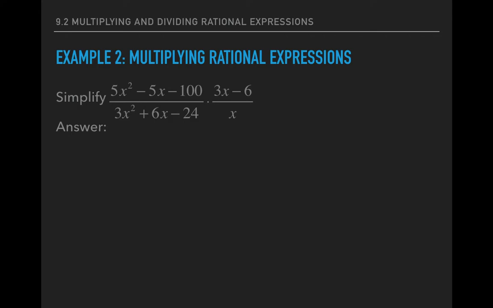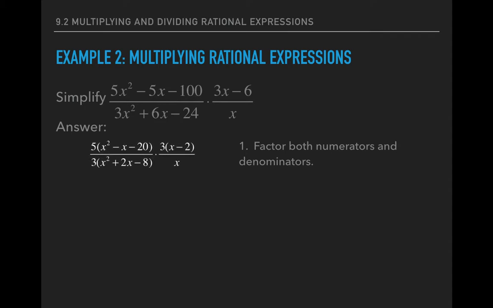Here we are multiplying polynomials. You have a quadratic polynomial divided by a quadratic polynomial times a binomial over a monomial. And we want to first factor both your numerator and denominator for each of those expressions.